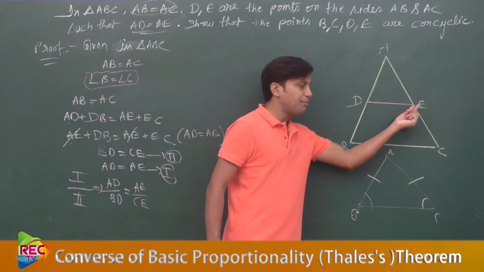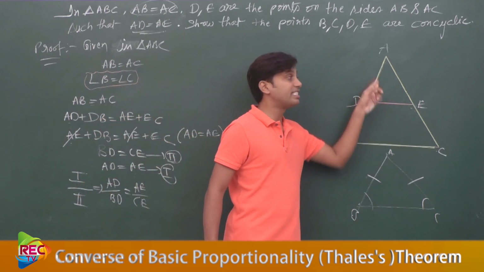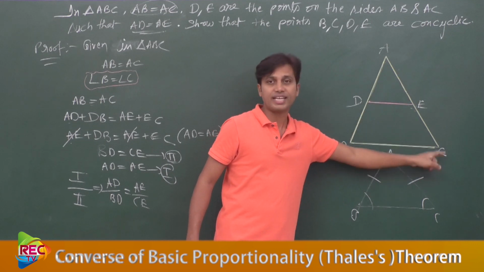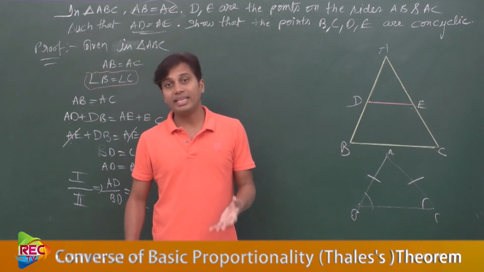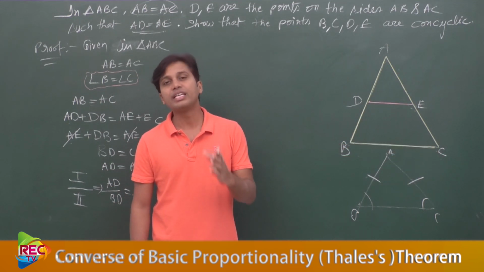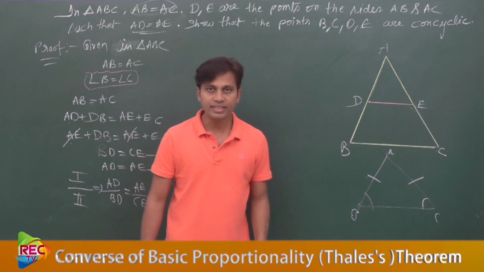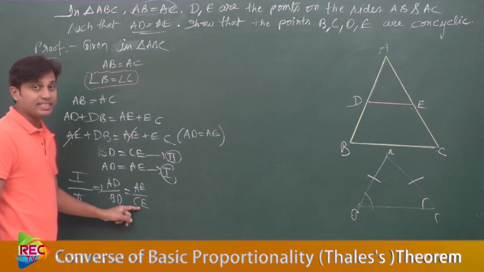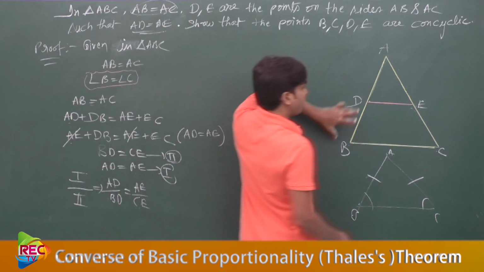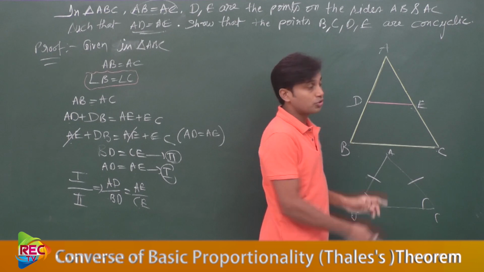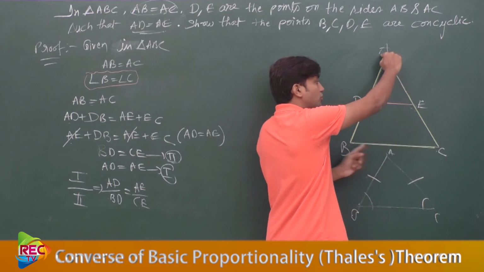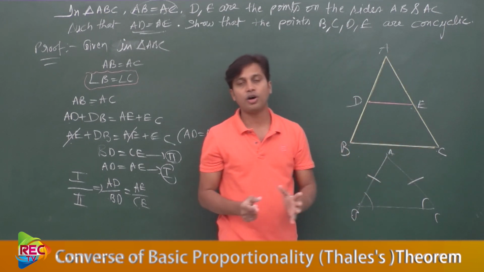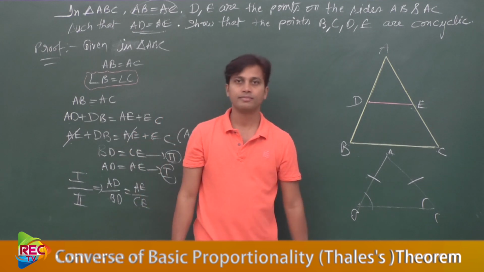Here the points D and E, or the line DE, is dividing two different sides of a triangle in equal ratio. So once again, AD by BD equal to AE by CE, so this line is dividing these two sides in equal proportion.